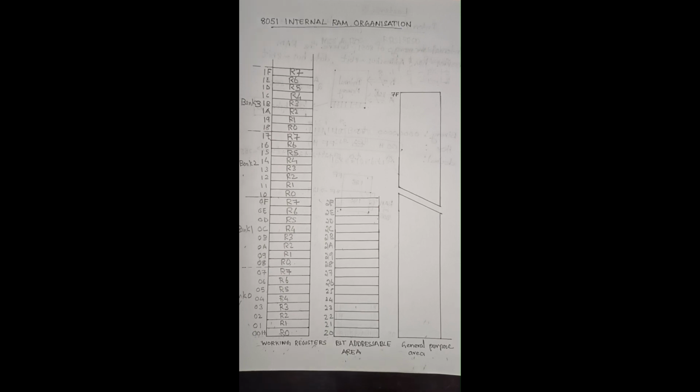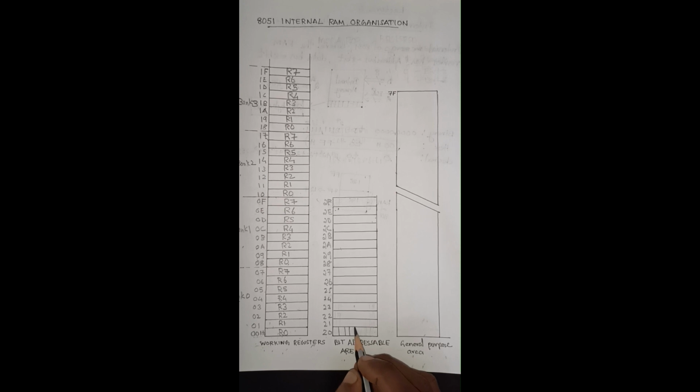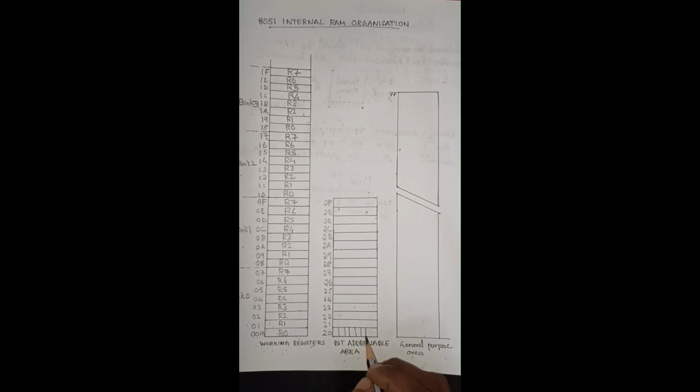So how can we give each bit an address? Let's see. Let's now divide this location into 8 parts. So we have 8 parts and each part is given a separate address.